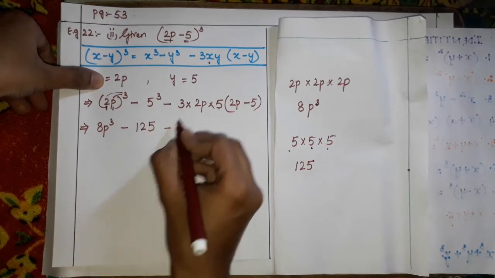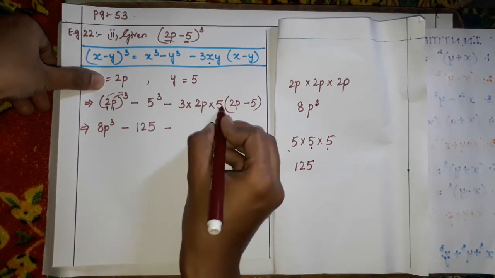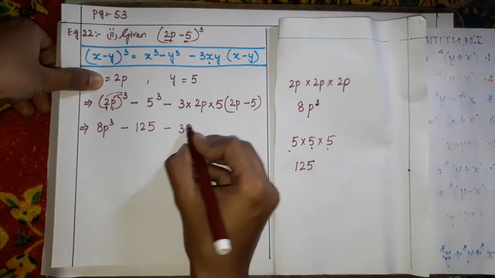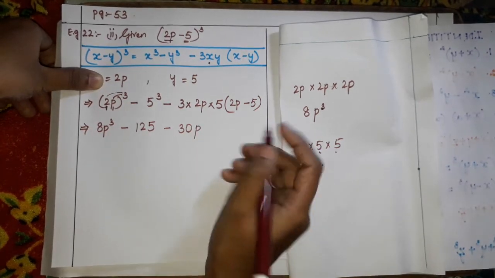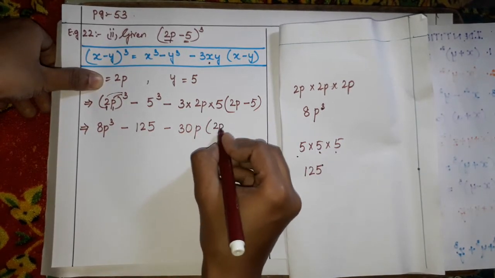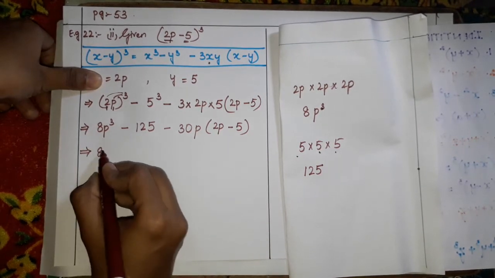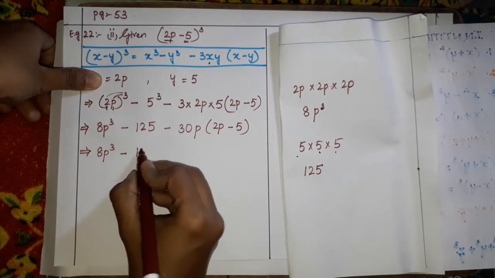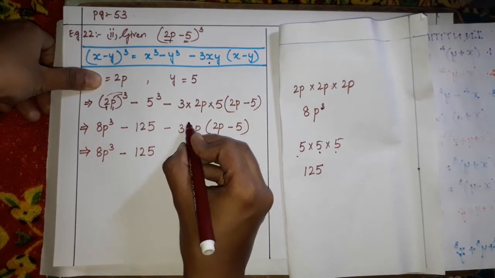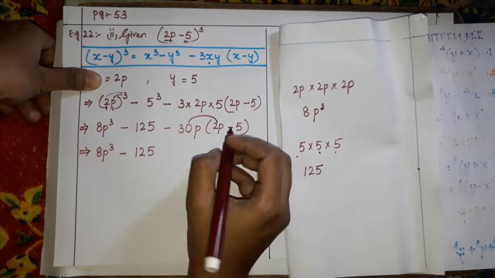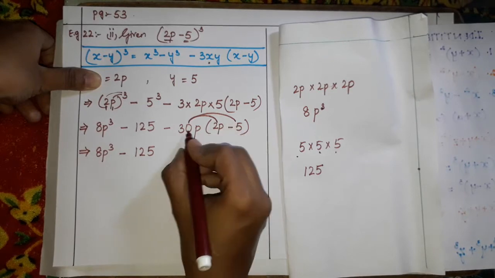125 minus 3 2s are 6. 6 5s are 30. p is there. p as it is I am going to write. Now 2p minus 5 as it is. Now 8p cube minus 125, 30p into 2p is what? We have to take the distributive property here.